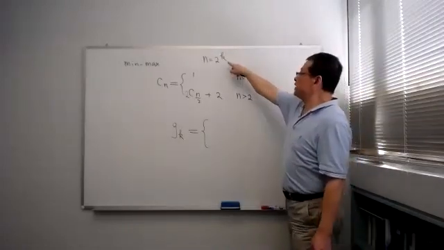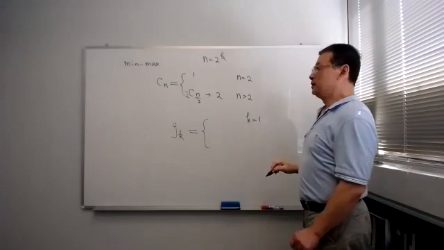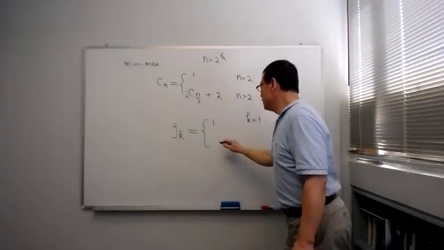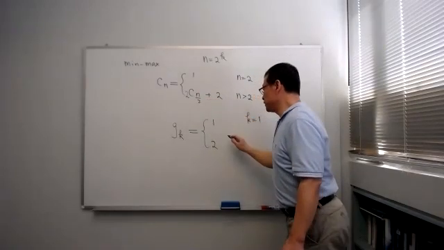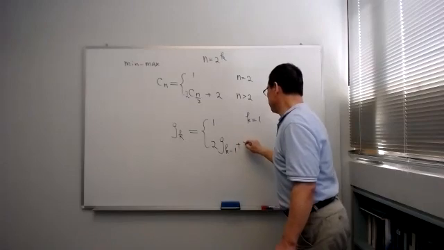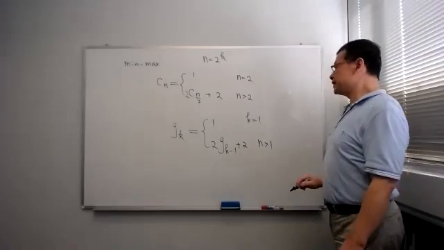When n equals 2, k equals 1, and its value is still the same. Now instead of C(n over 2), here we have g(k minus 1). So that's a new recurrence.